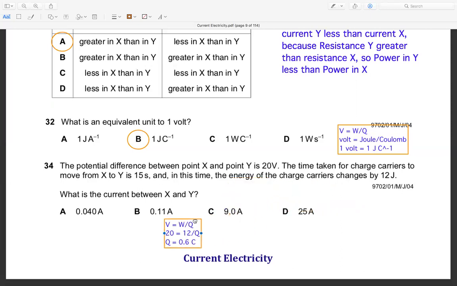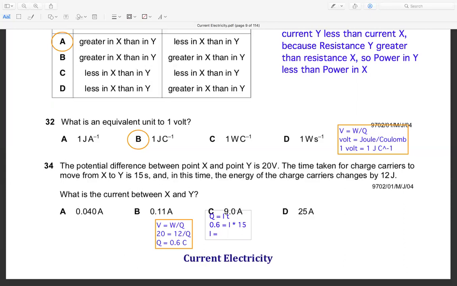And Q equals to IT. Q is 0.6, I, T is 15. So I equals 0.6 divided by 15.